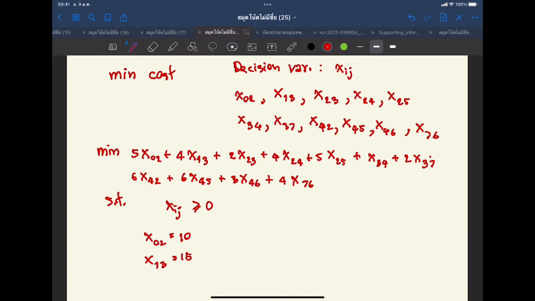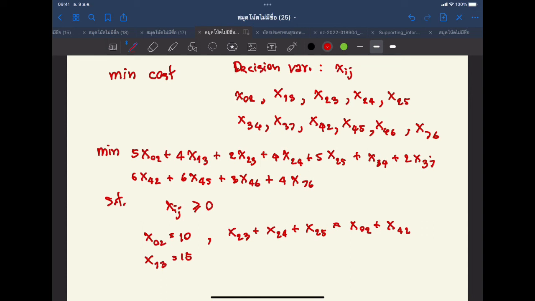Okay, what else for node 2? For node 2, x23 plus x24 plus x25 must equal x02 plus x42.